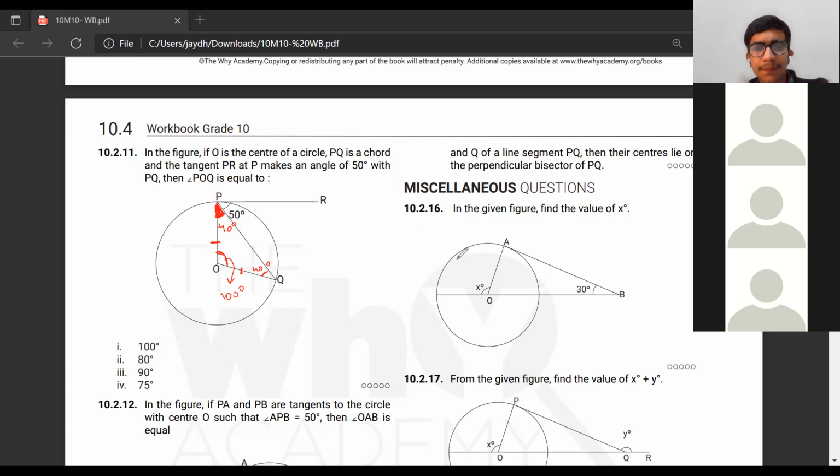Try the 16th question. Okay, Ritvik correct, Abhishek correct.